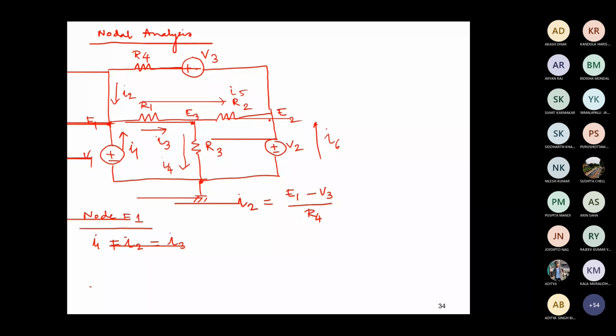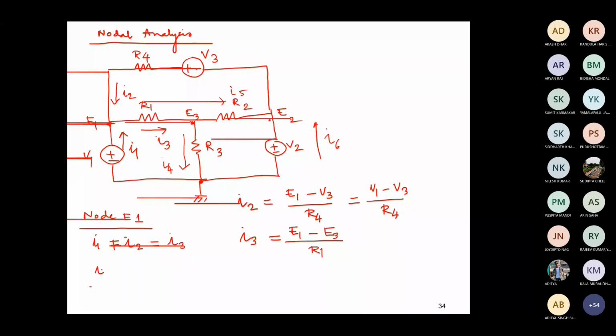This is your I2, and as E1 is shorted with V1, E1 is basically V1, so V1 minus V3 by R4. So this is your I2. I3 will be E1 minus E3 divided by R1.